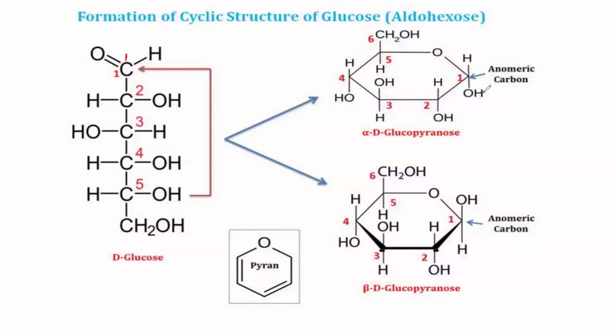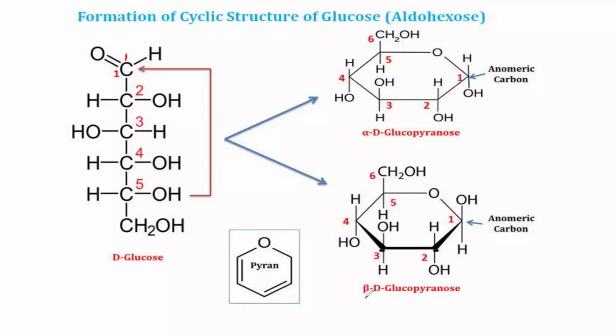When carbon 1 reacts with the OH group of either carbon 4 or carbon 5, it forms alpha D-glucopyranose or beta D-glucopyranose. So now the question is, how do we differentiate this?